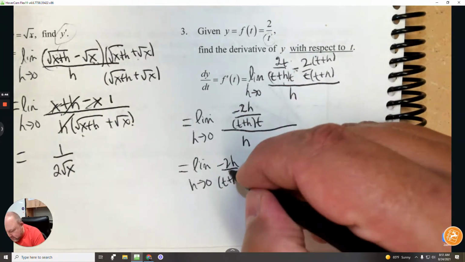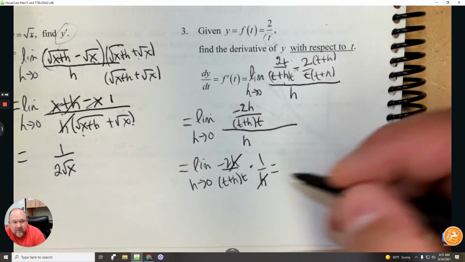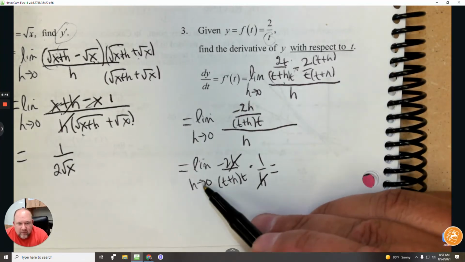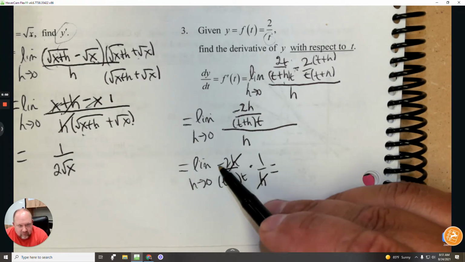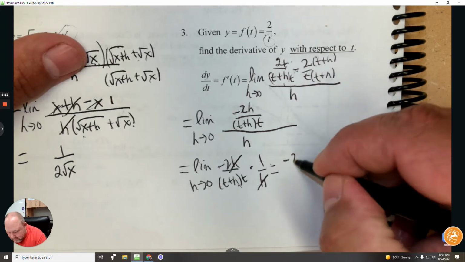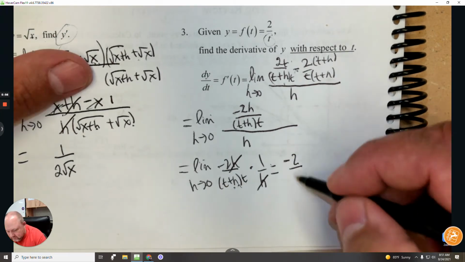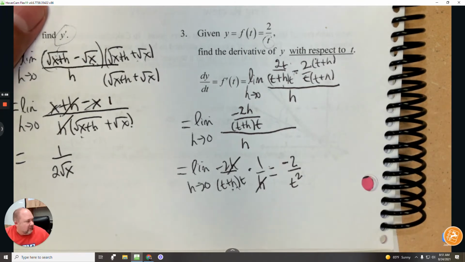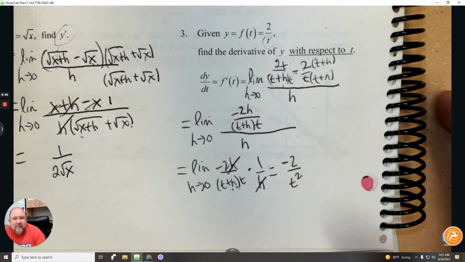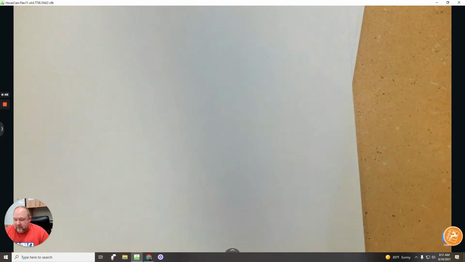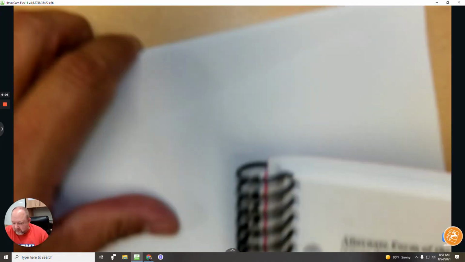Notice the h's now divide out, so that discontinuity now is removed. Now plug in 0 for h for your answer. So negative 2 times 1 is negative 2. And if you plug in 0, we get t times t, so it's negative 2 over t squared. We do have an alternate form of the derivative if we're just finding the value at a certain point.